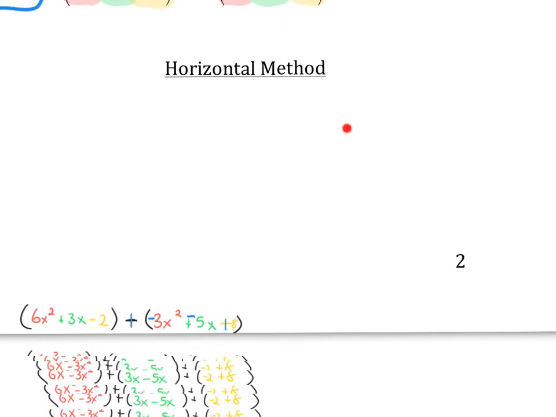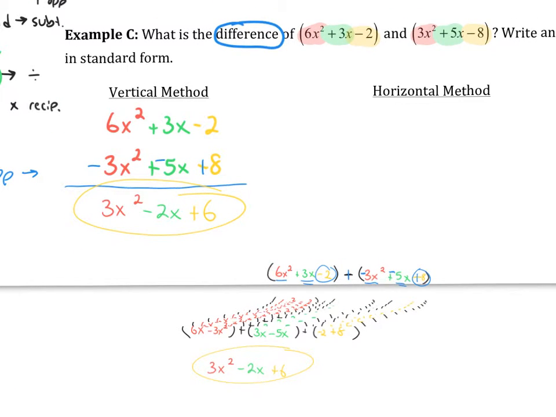Once you've done this up here, and you either have color coordinated, or you're choosing to underline your like terms, double underline like terms, and circle your like terms, you can just do that in your head. Now we can jump from this step right here down to the answer just by saying 6x squared minus 3x, skipping this part entirely. I encourage you, in this case, to actually skip steps like that. So 3x squared minus 2x and plus 6. Notice that no matter which way we do this, our answers match up.